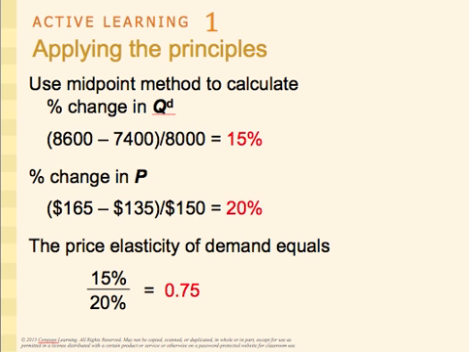The percent change in price, 165 to 135 divided by the midpoint of 150, is 20%. Price elasticity of demand equals the 15% change in quantity demanded over the 20% change in price, and the elasticity value is 0.75. Okay.